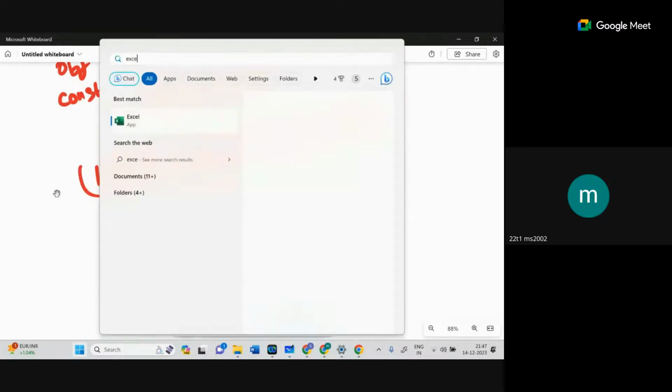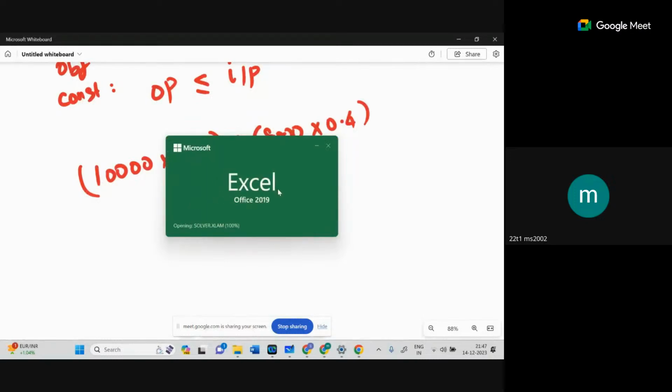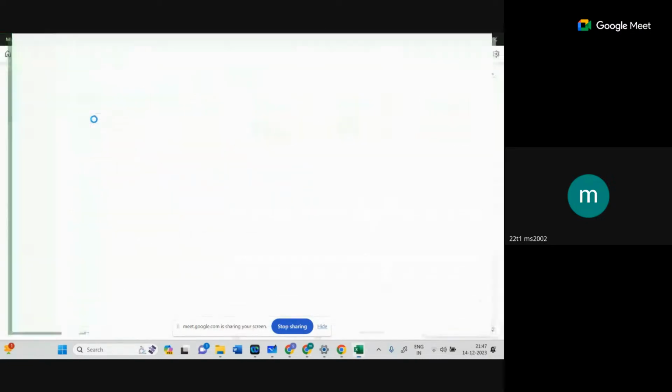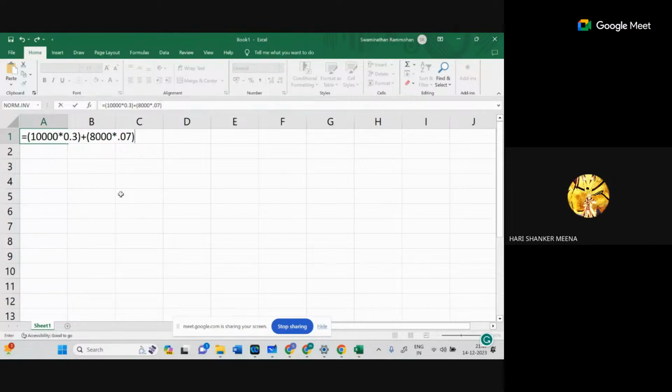Let me go to Excel, so that everybody is on the same page. Okay. So you mean to say 10,000 into 0.3 plus 8,000 into 0.4.